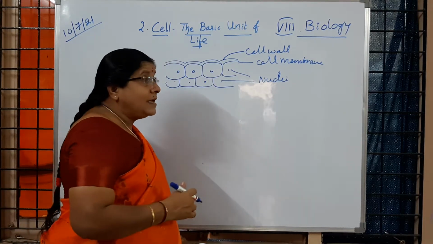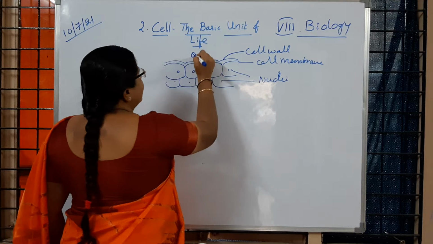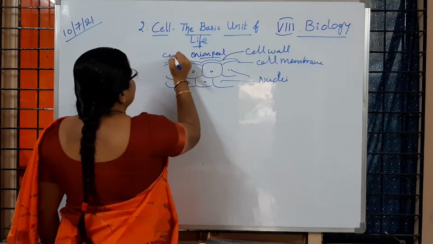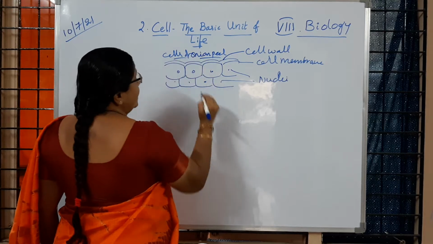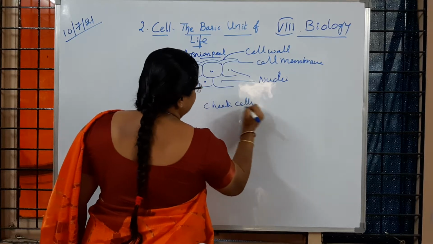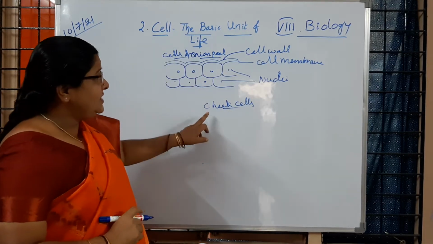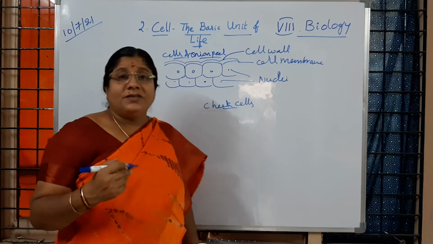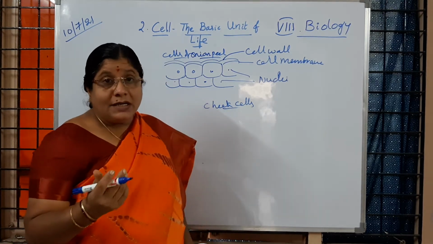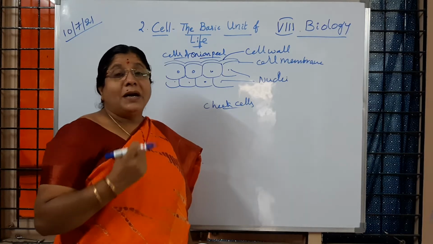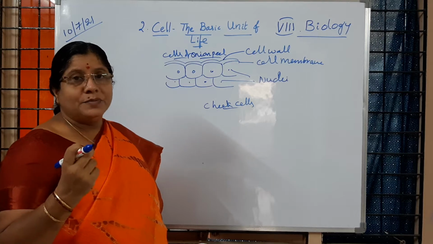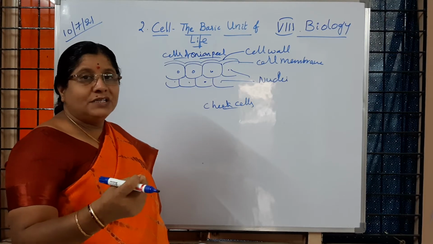Then another activity: this is onion peel cells, and another one is cheek cells. For the cheek cells, you rinsed the mouth with water, collected the buccal mucosa with the help of an ice cream stick or spoon, and transferred it to the slide.